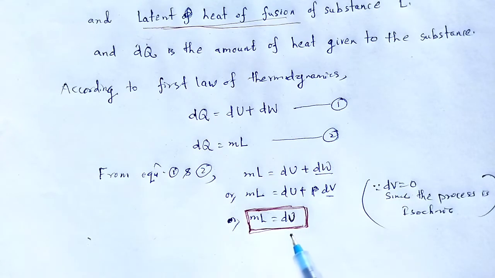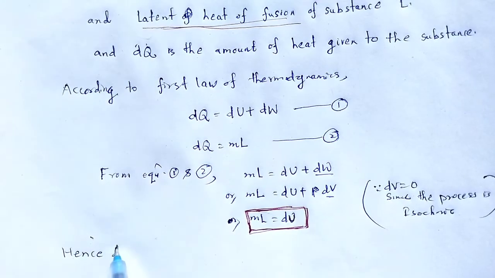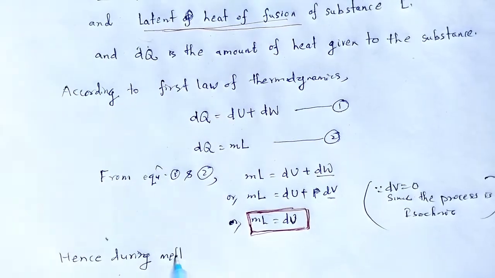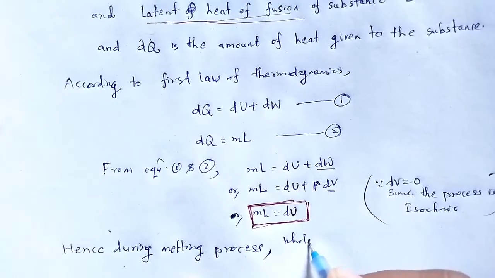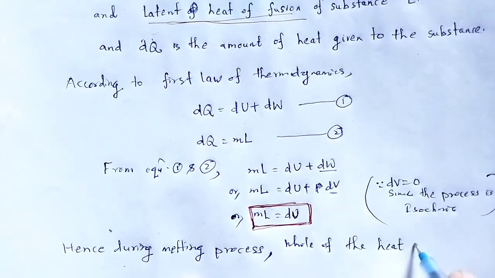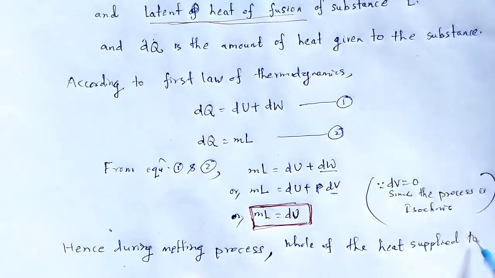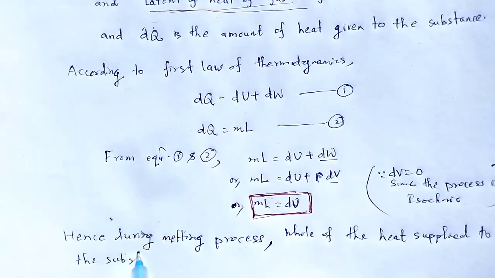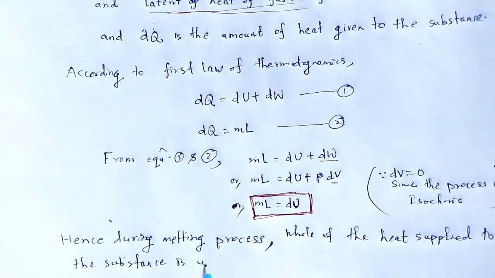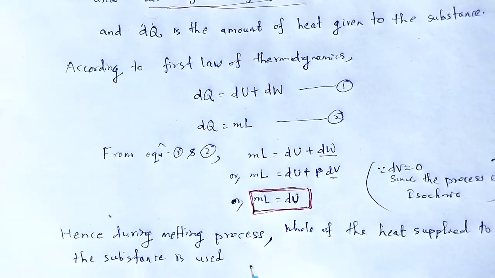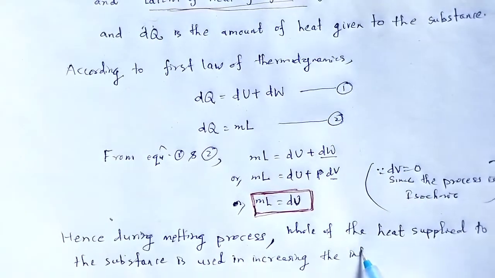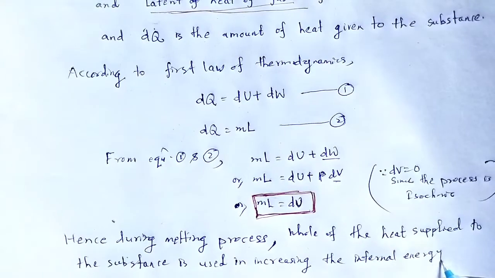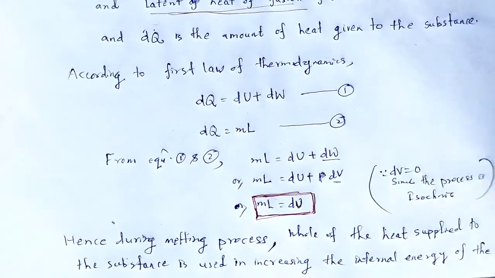Hence during the melting process, the whole of the heat supplied to the substance is used in increasing the internal energy of the substance.